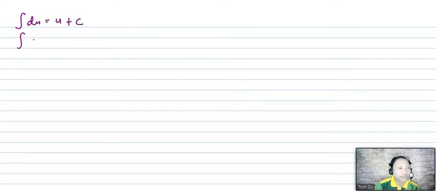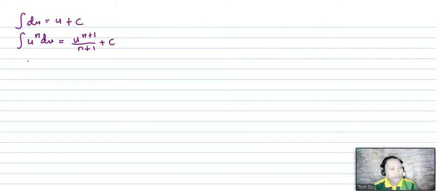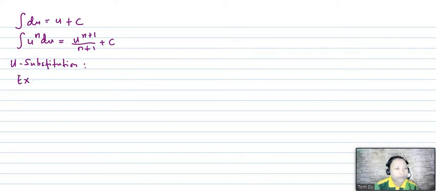The other one we have here, the integral of u to the n du, is equivalent to u to the n plus 1 over n plus 1, plus c. Now we will proceed to U-substitution, where we will still be using these formulas. We go directly to our example.